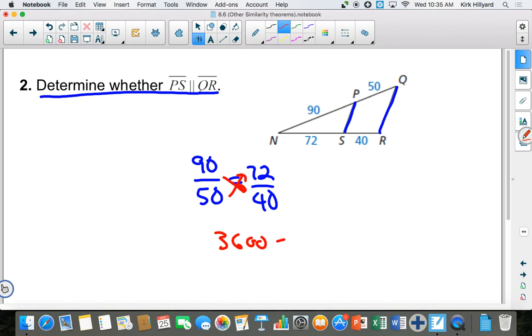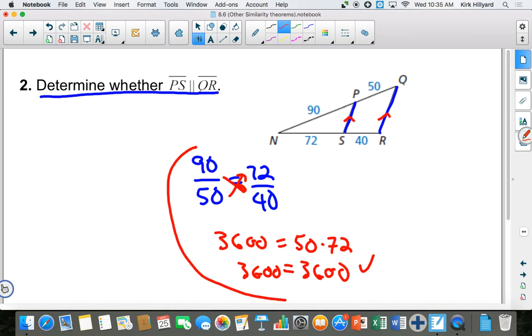And then I need to multiply 50 times 72, and I believe that's also 3,600. And it is. So because those things are equal, I know that these two lines are parallel. So this would be the math that you'd have to provide in order to prove that those lines are parallel. Okay?